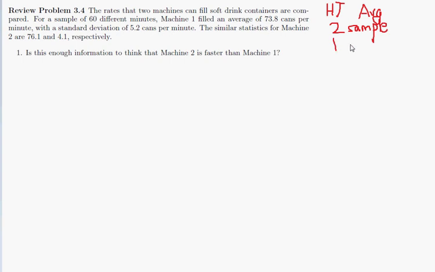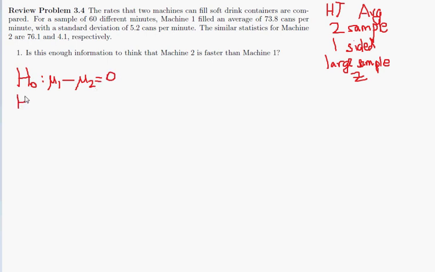It is a one-sided hypothesis test, because the question is: is machine 2 faster than machine 1? This involves a large sample, and so therefore this involves the test statistic Z. The null hypothesis will be that the two means are indeed the same, and that the difference that's observed in these two samples is simply attributable to chance.